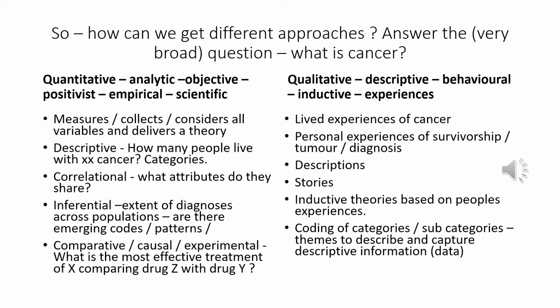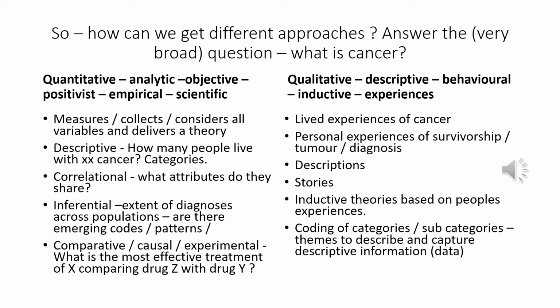We can categorise how many men live with cancer, how many women there are, what populations, what genetic backgrounds these people have, what types of cancer people have. So it's really important for us to get a big overview, and we know from those types of populations that we can perhaps infer that the next level of populations are likely to have that particular type of cancer as well.